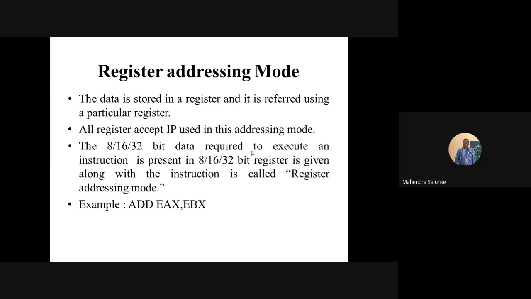Here you can see the example given: ADD EAX, EBX. We are performing addition of two numbers, and those two numbers are available in the general purpose registers which are specified. So very easily we can relate the name register addressing mode with the example.